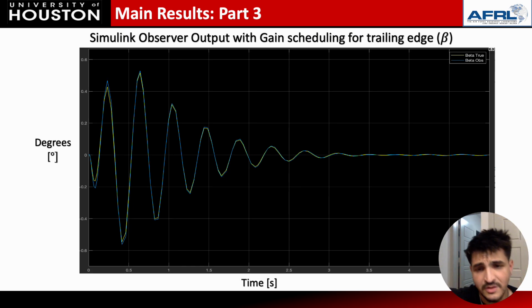The same thing can be said for the trailing edge, where the output is in degrees on the left and the time is in seconds on the bottom, where again the system gets tracked significantly well. I don't think the noise is affecting this state as much as it does the plunge. But the system attenuates very fast and then goes to steady state.